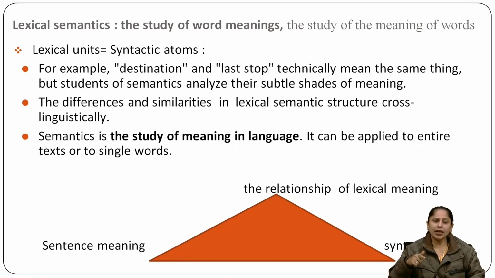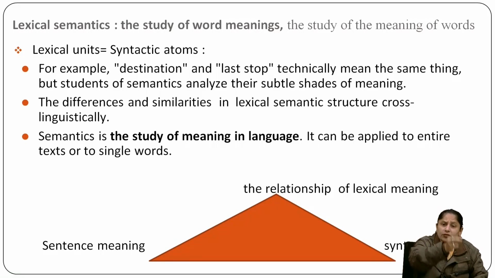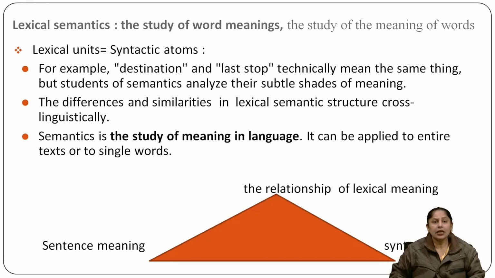It can be applied to entire texts or to single words also. So if you are going to take the entire text and understand it, or give the meanings of that entire text, that would also be considered under lexical semantics. The study of the meaning of the word is naturally known as lexical semantics.